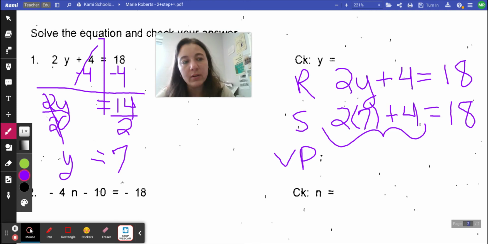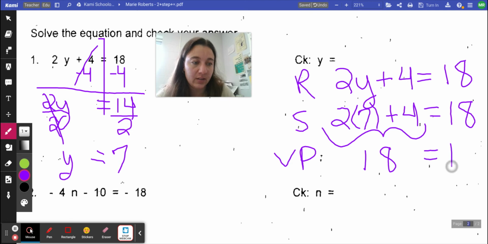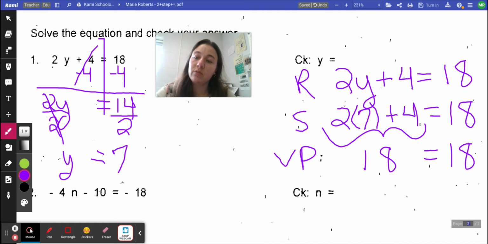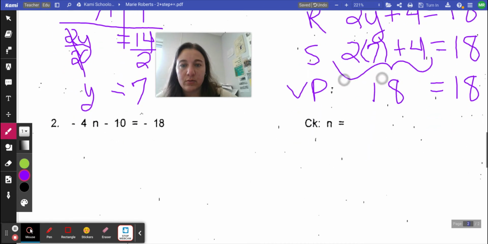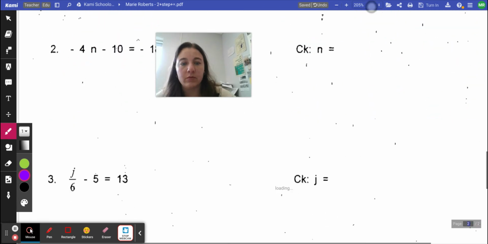And please, nobody wants a faker. I mean, this is going to be right if it says 18 equals 18. And if it doesn't say 18 on the left, then you know you did it wrong. But if you're a faker, you won't know if you're wrong or not. So don't fake it. Okay, so that is one example told the way that I do my video game.